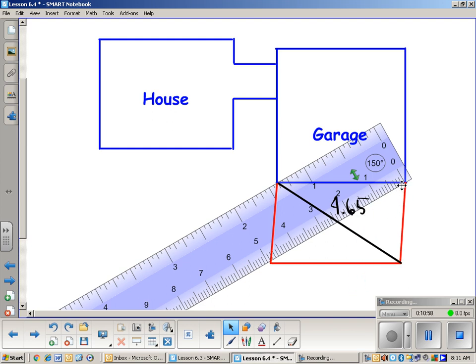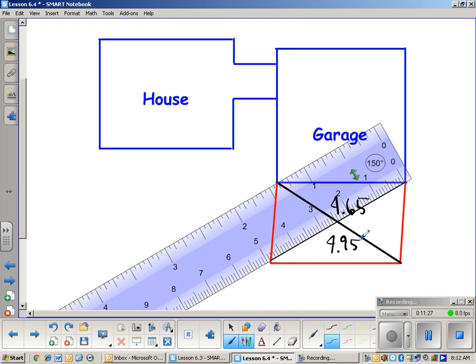Sorry. How long is that one? Almost 5. Yeah, almost 5. I'm gonna say 4.95. Okay, are they equal? No. So there's proof, according to that last theorem, that this is not square.